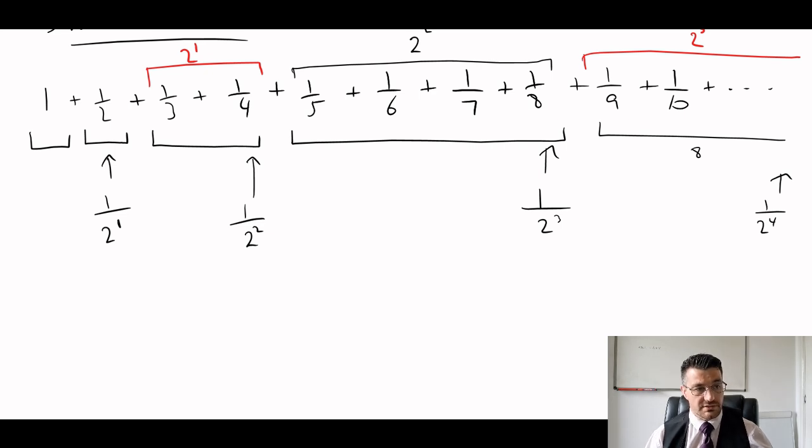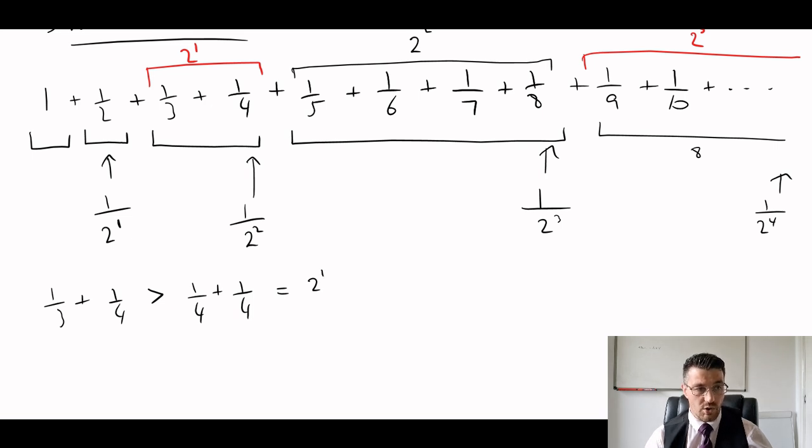So notice that each of these sums, so if we take this sum a third plus a quarter, this is greater than a quarter plus a quarter, which is equal to 2 to the power of 1.